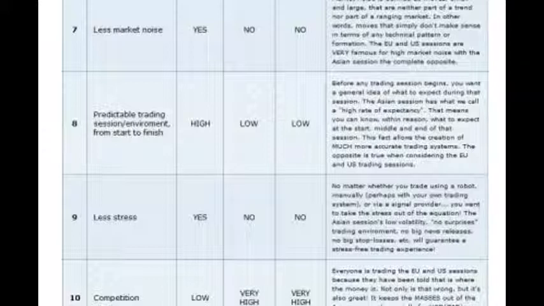Well, if you got 500,000 of them trading the EU and US sessions, you don't want to be mixed up in that. You want to be one of the 10, 20, or 30,000 traders that are trading the Asian session. And that's a key element. Stay away from competition. Find opportunities where you don't have competition.